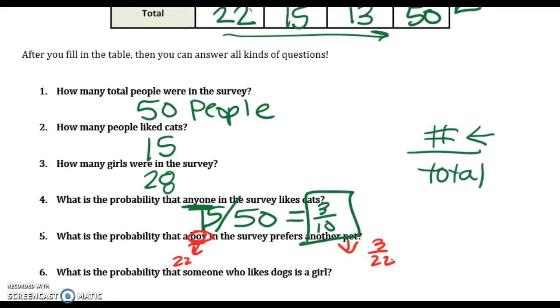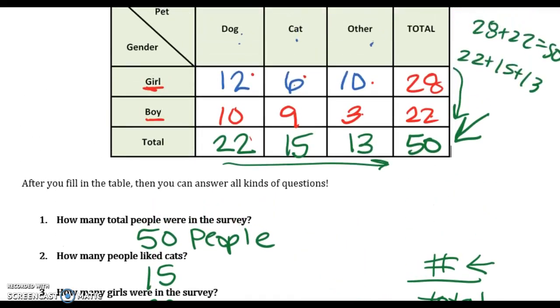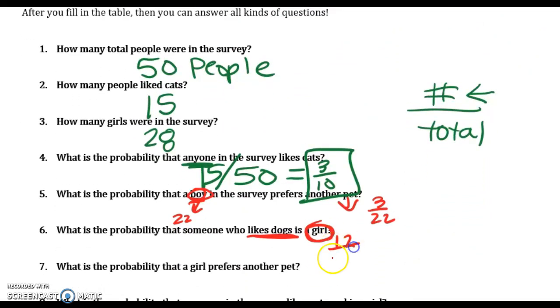So 3 out of 22. What is the probability that someone who likes dogs is a girl? So that tells us the person who likes dogs, so we're looking in this column right here. The probability that someone who likes dogs, so 22 total, is a girl would be 12 out of 22. Those both divide by 2, so it would be 6 out of 11.